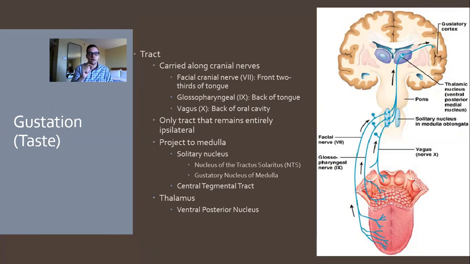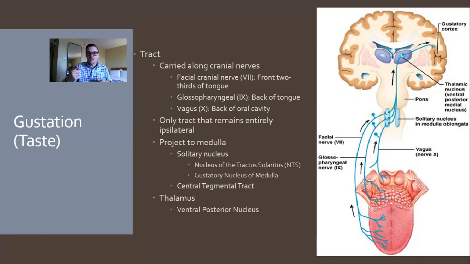Now, that may ring a bell because I mentioned it back when we were talking about the different nuclei of the thalamus. And we'll come back to it when we start talking about the mechanical senses. If you're a nerd like me, that might intrigue you, because I mentioned in the neuroanatomy chapter that the ventral posterior nucleus of the thalamus routed tactile information.